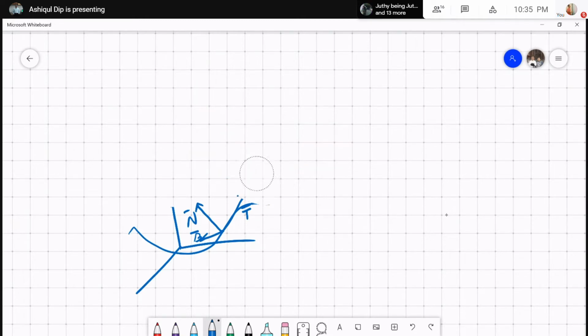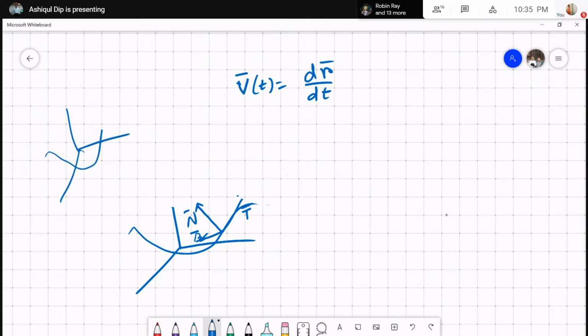So let's do that. Let's start with the velocity. Velocity is defined as v of t equals dr over dt. The interesting parameterization we are doing here is that the parameter is actually the arc length of that curve as well. So how do we do that? Let's define that first.